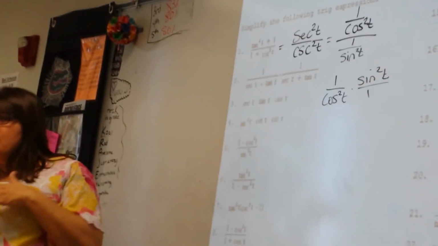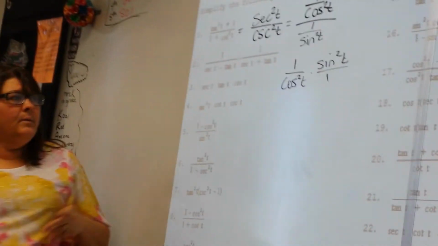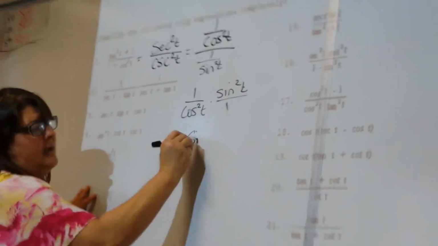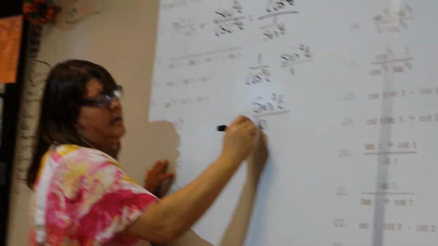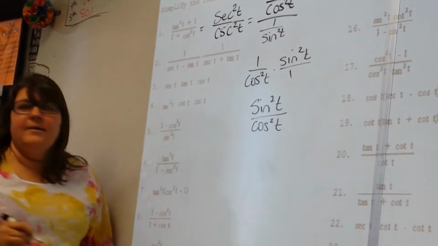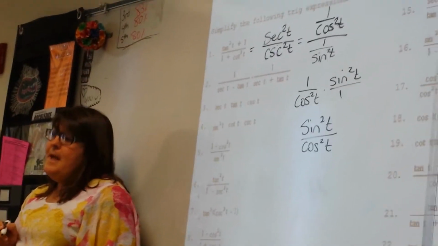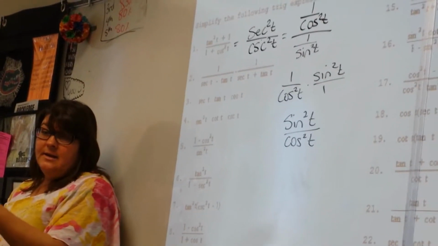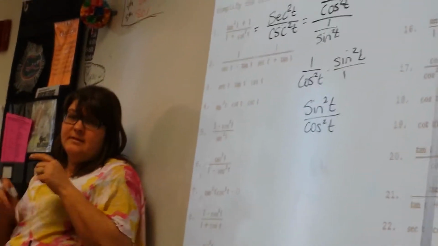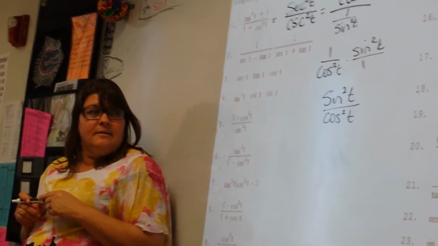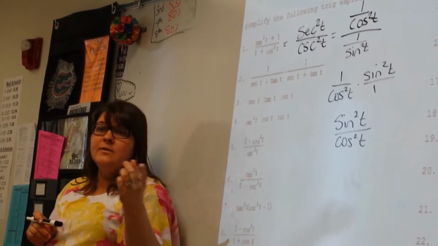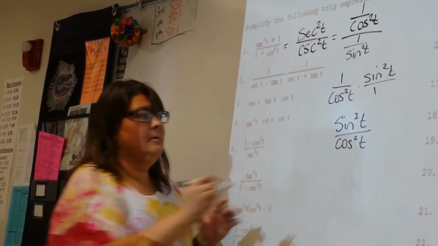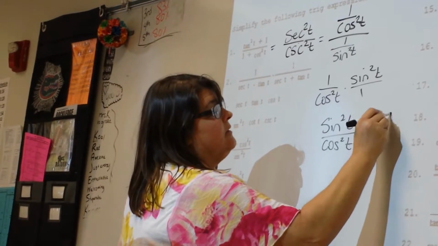Okay, if I wanted to rewrite it, because it's numerator times numerator, denominator times denominator, there's nothing to clean off. Because I recognize the quotient identity, which means it's division of sine and cosine. Sine divided by cosine we know is tangent. Therefore, sine squared over cosine squared is tangent squared. So there is my answer.